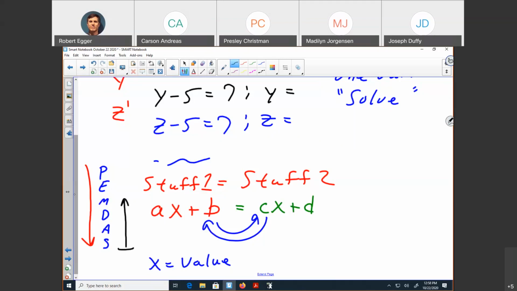The first thing we look for in our expression is pluses and minuses. So we do any adding, subtracting operations first: basically get the variables to one side and the constant to the other side by adding and subtracting.